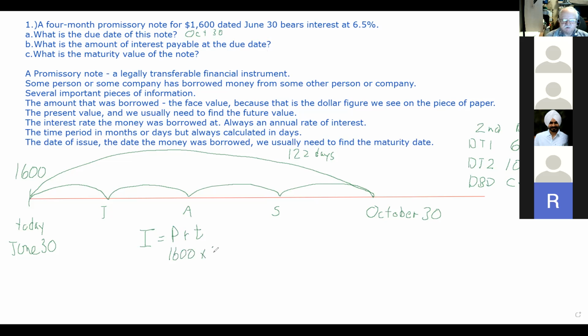The rate was 6.5%. And the time we now know is 122 over 365. So maybe somebody could calculate that, and I'll put that answer in there.